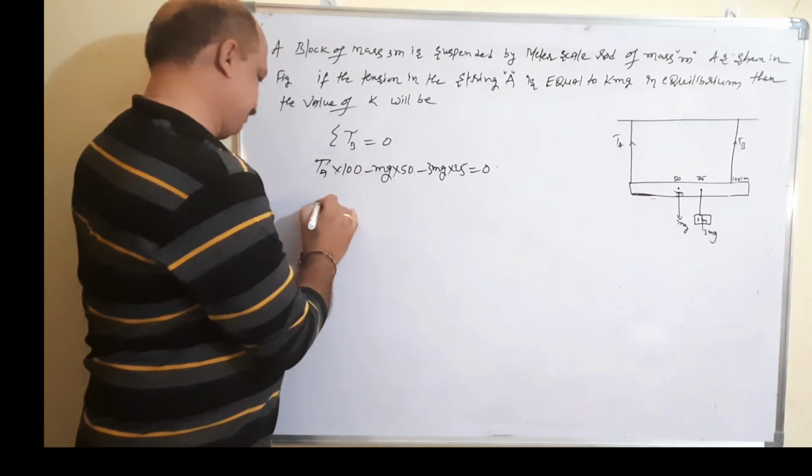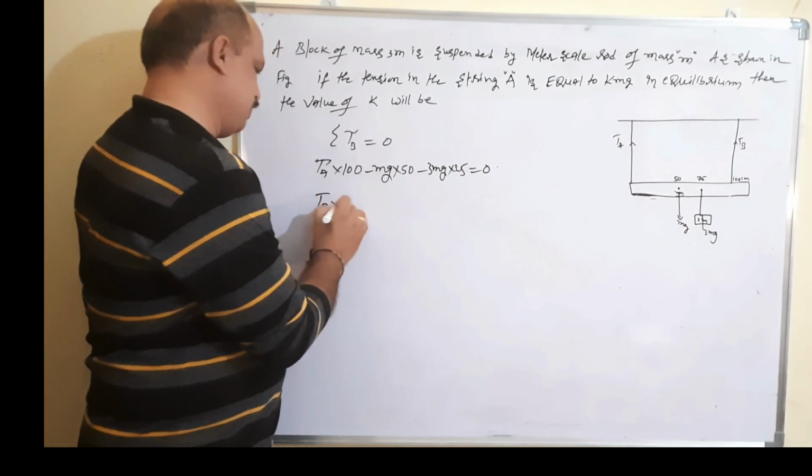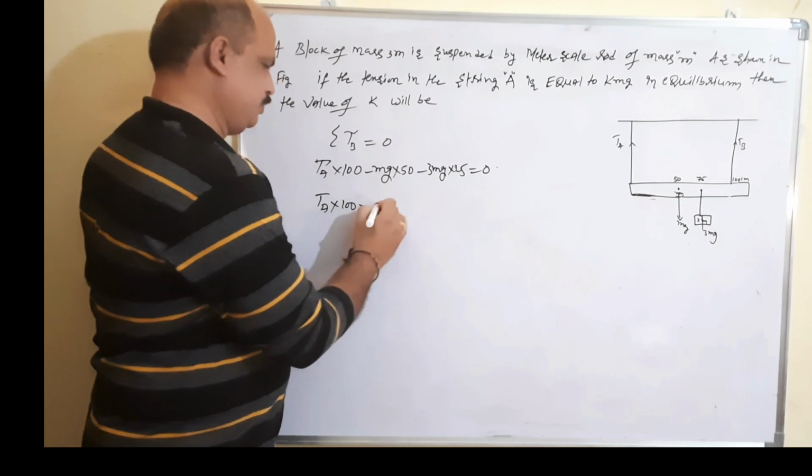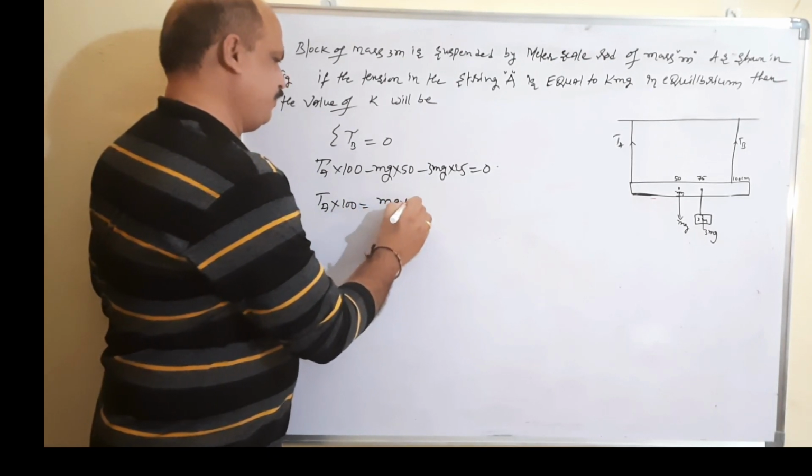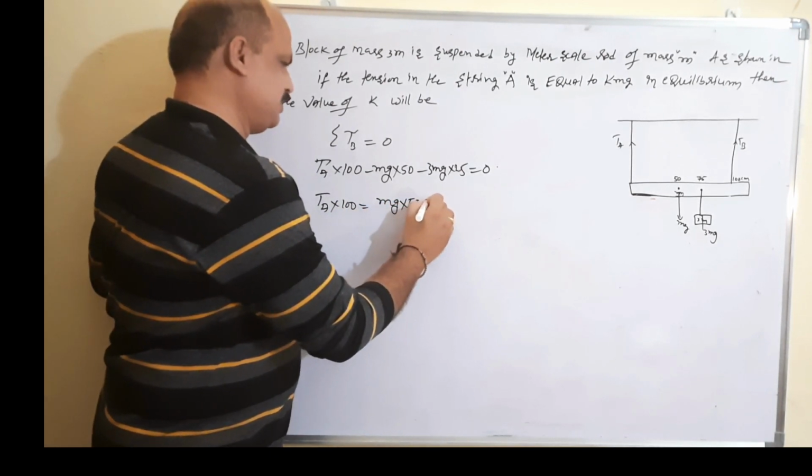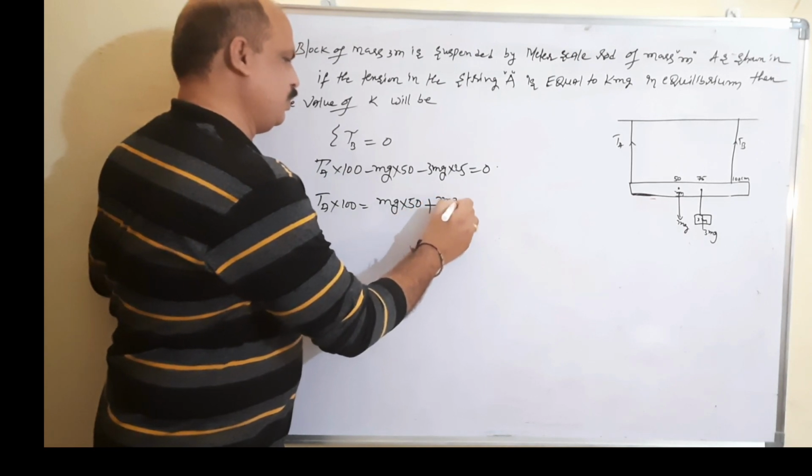So TA into 100 is equal to mg into 50 plus 3mg into 25.